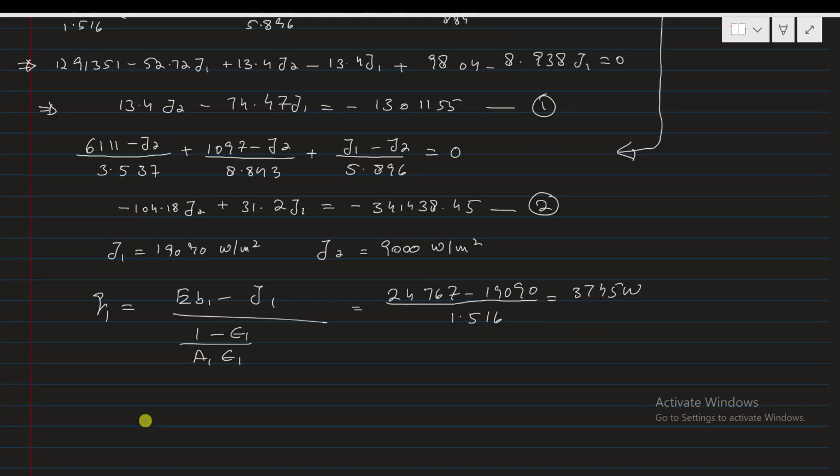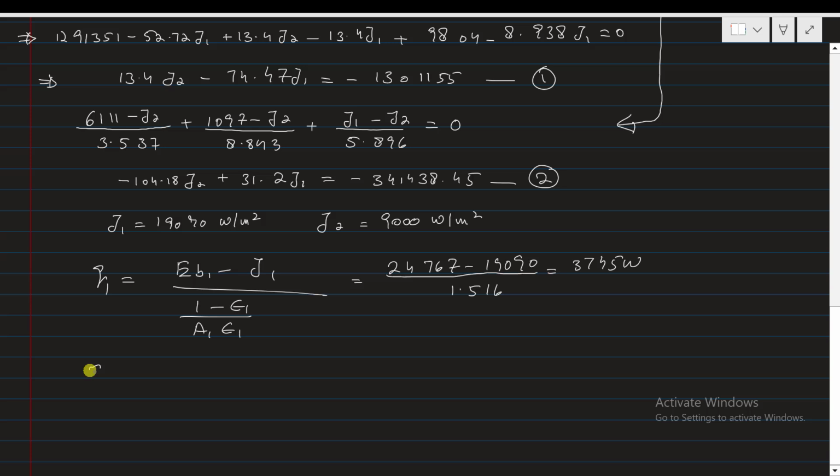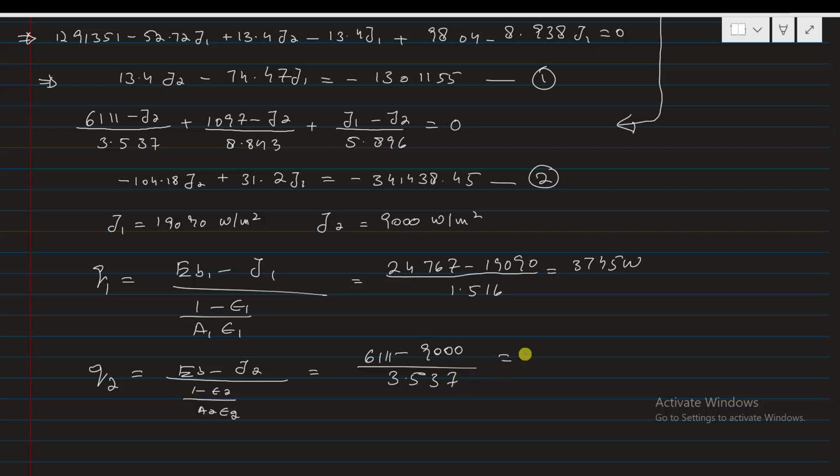Now the heat transfer by body 2 will be equal to EB2 minus J2 divided by its surface resistance, and you will get minus 817 watt. And these are all the final answers.